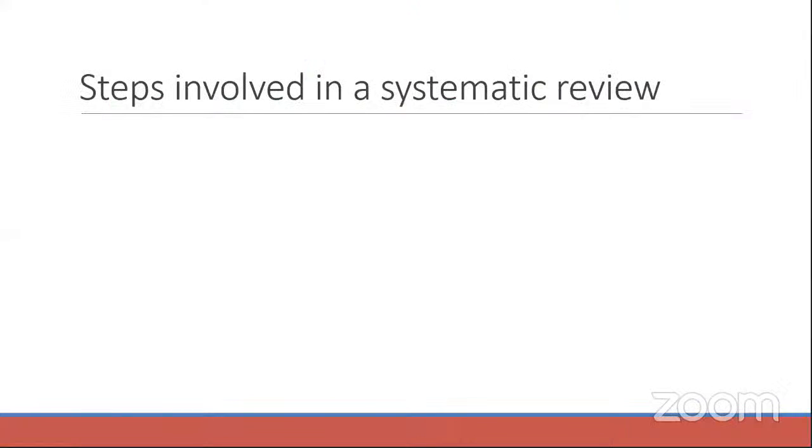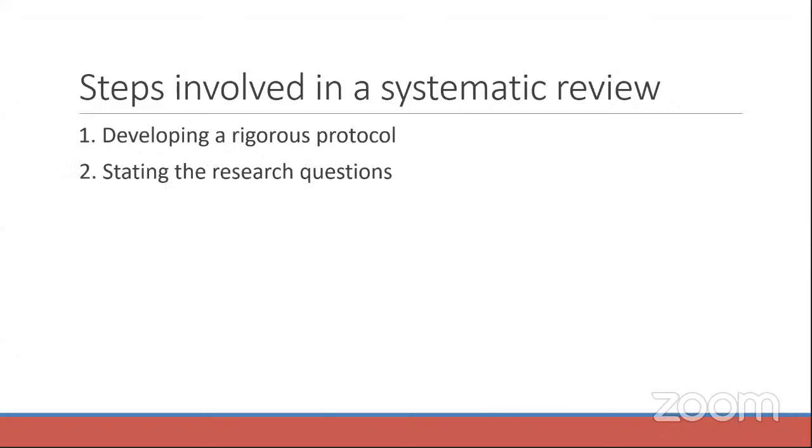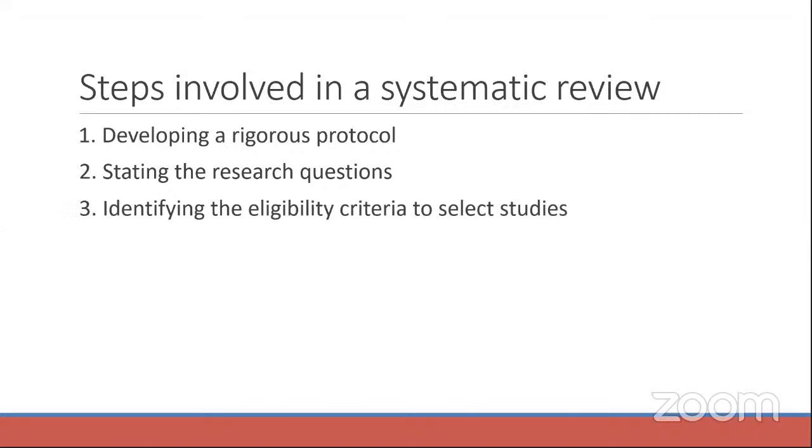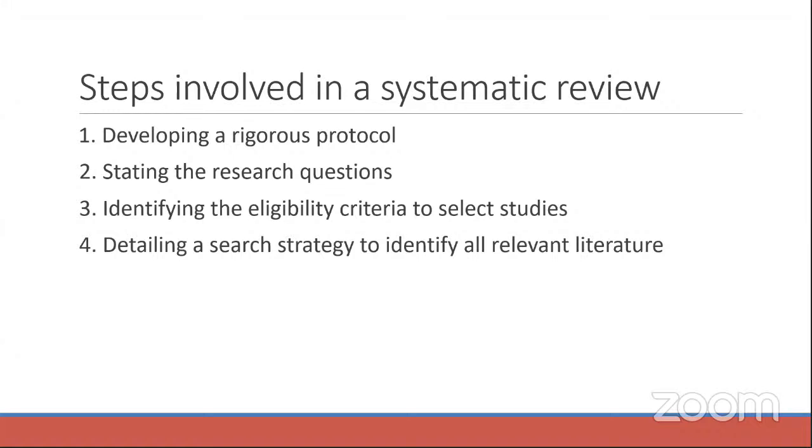So the most important part of today's talk, steps involved in conducting a systematic review. Okay. The first and foremost step, you need to develop a rigorous study protocol that narrates the steps involved in conducting a systematic review. You must state the research question specifically, identify the eligibility criteria to select studies, detail a search strategy to identify all relevant literature, including published and unpublished evidence.